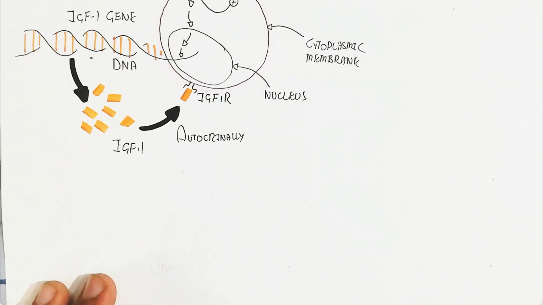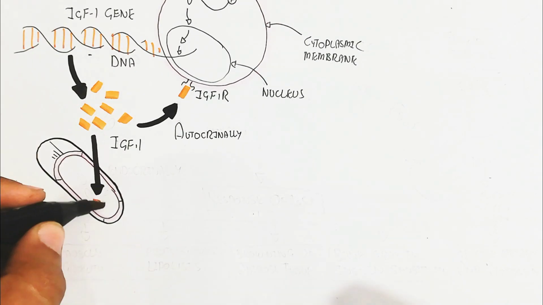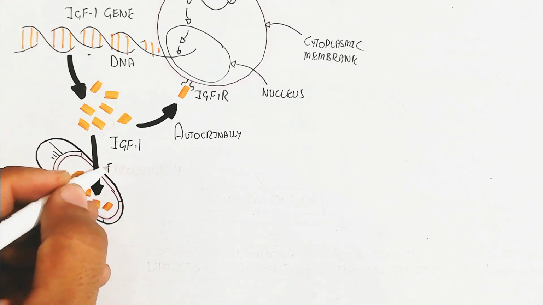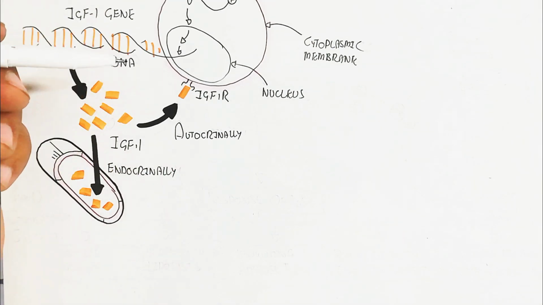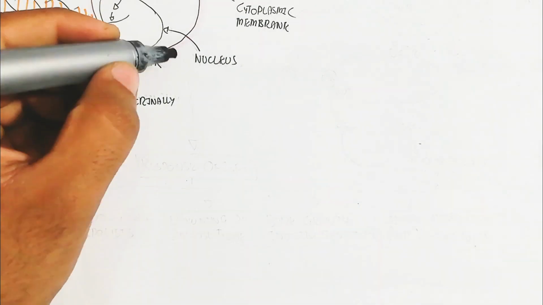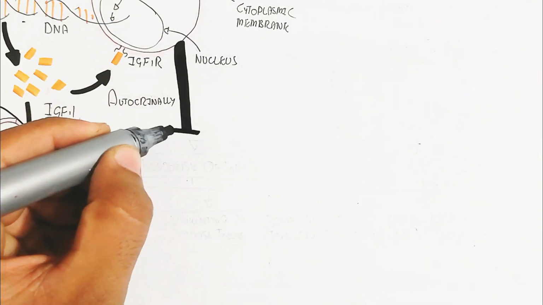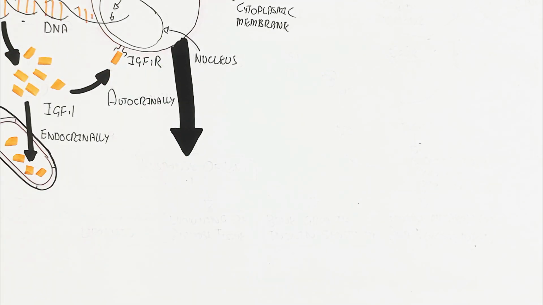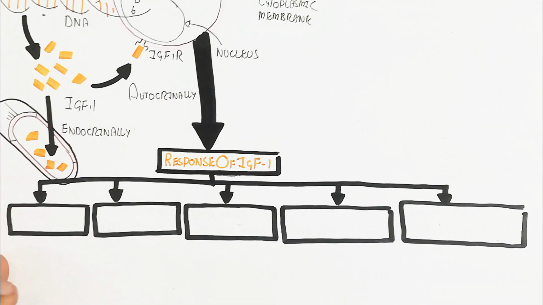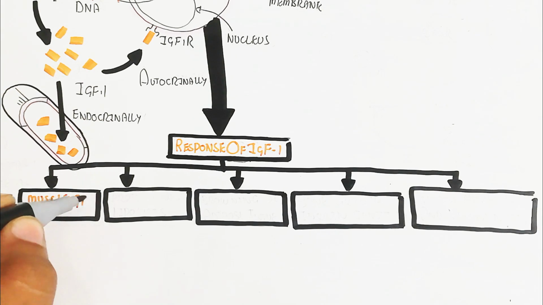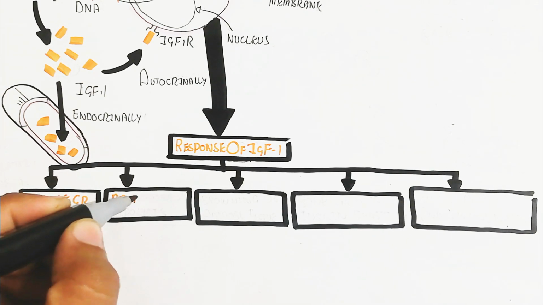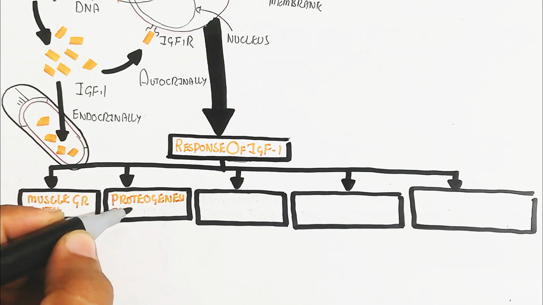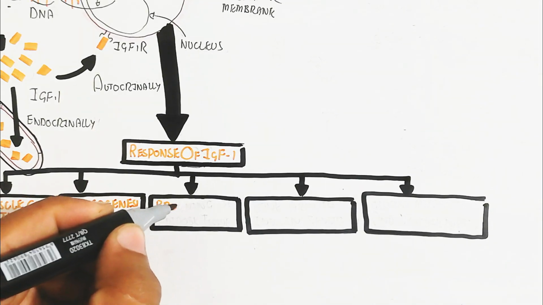This signaling molecule will bind with the IGF-1 receptor autocrinally or move into the blood circulatory system endocrinally. The responses of IGF-1 are several, like muscle growth and proteogenesis, meaning protein synthesis, not proteolysis.